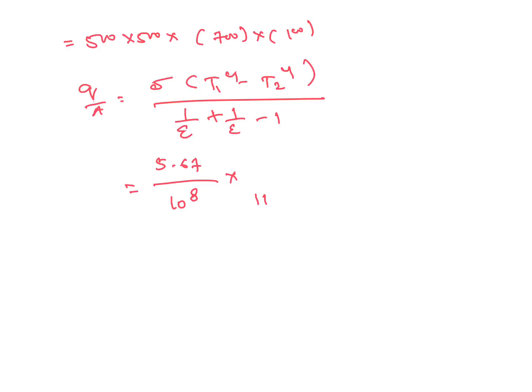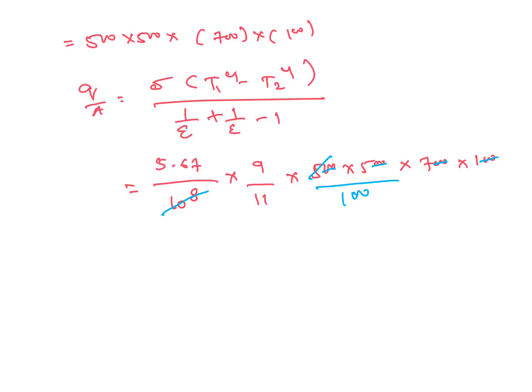So 11 by 9 into 500 into 500 into 700 into 100. 10 to the power 8 cancels. 5.67 to make it 567 divided by 100.